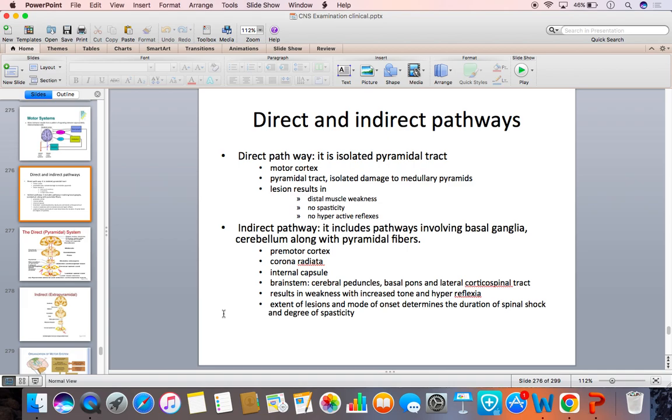If that is involved, either in the premotor cortex, corona radiata, internal capsule, or the brainstem, it results in hypertonia and hyperreflexia. Remember this point. Isolated injury in the medullary pyramids results in distal muscle weakness without spasticity, without hyperreflexia, though it is injury to the upper motor neurons.